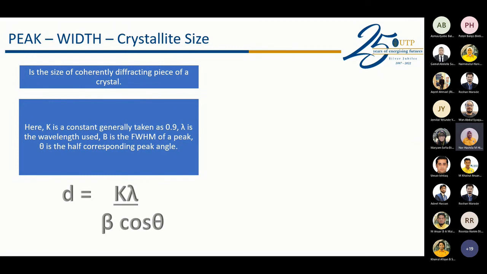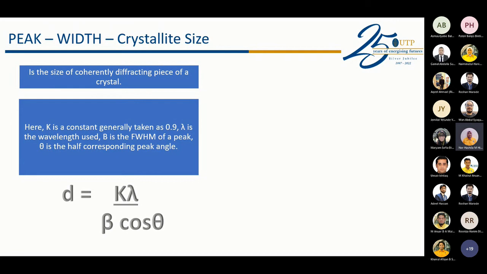But the particle size that you normally observe from FESEM or TEM, or measure using a particle size analyzer, is actually a combination of several crystallites, several crystals made up to be a particle. So make sure you don't confuse them.